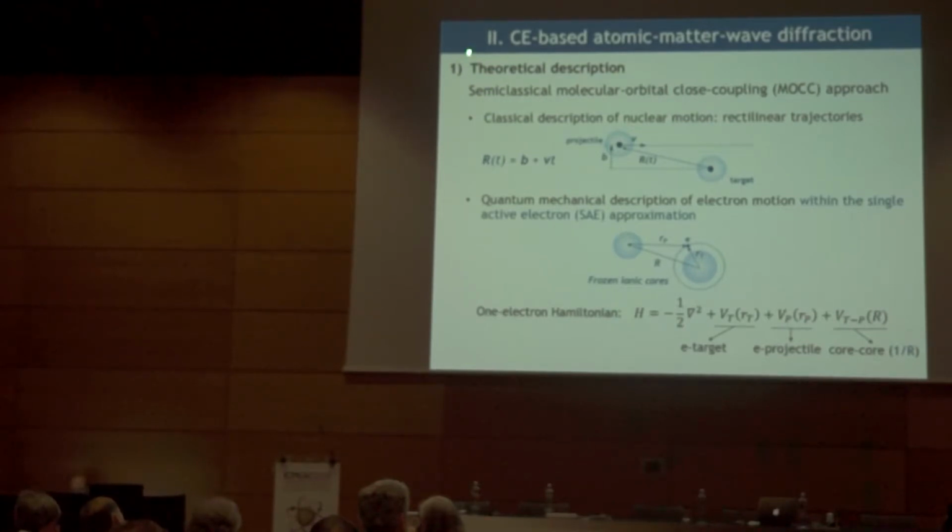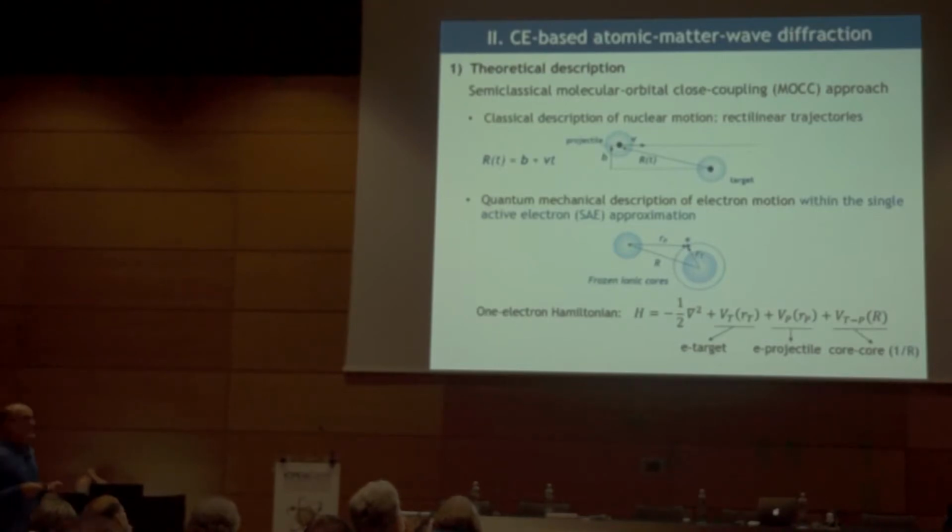I will first present the theoretical description in order to understand why and how some diffraction patterns are expected in the DCS. So we work with the semi-classical molecular orbital close-coupling calculation, MOCC. And in this approach, the nuclear motion is described classically. That is, the projectile follows a rectilinear trajectory with impact velocity v and impact parameter b.